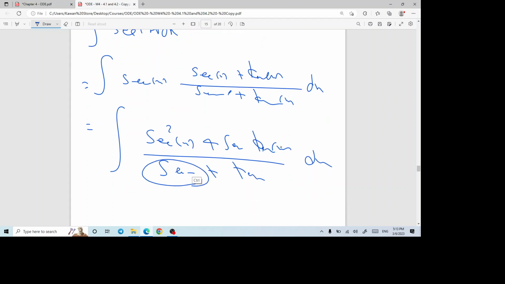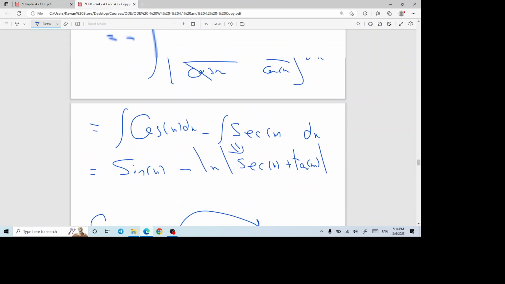The derivative of secant plus tan is secant tan plus secant squared, so the derivative of the denominator exists in the numerator. So it's equal to what? Ln of the denominator. That's why we have ln of the denominator. It's like in Calculus 1. Maybe you forgot. It's okay. At least you remember. Right? Clear, dears?